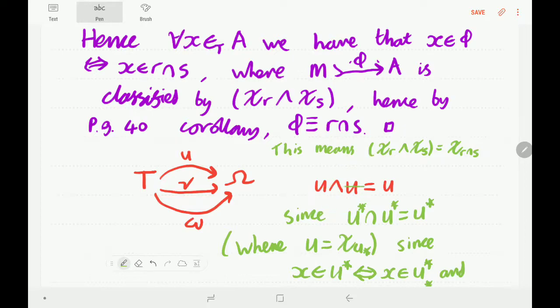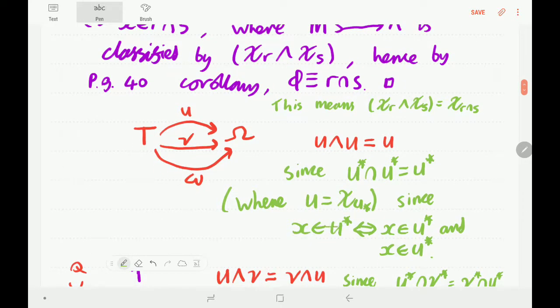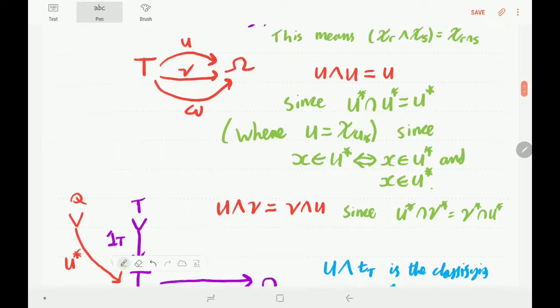Because, for example, we know that u star intersection u star is u star, because x is in u star if and only if x is in u star and x is in u star. And that means, converting to arrows into the subobject classifier, we get u and u equals u, which makes sense logically.